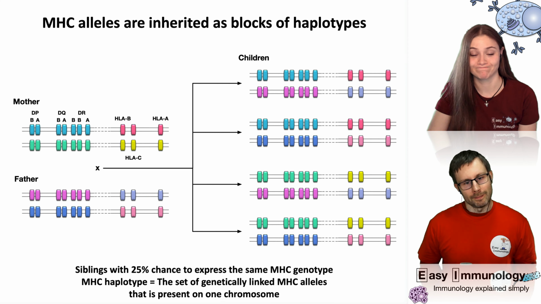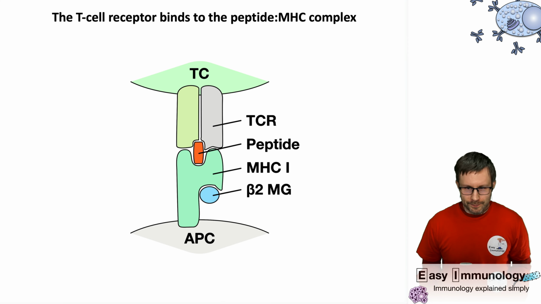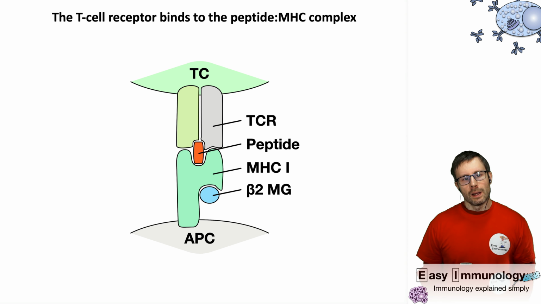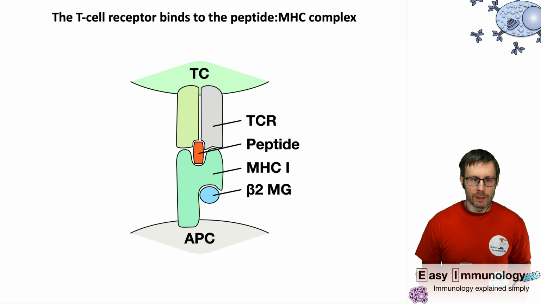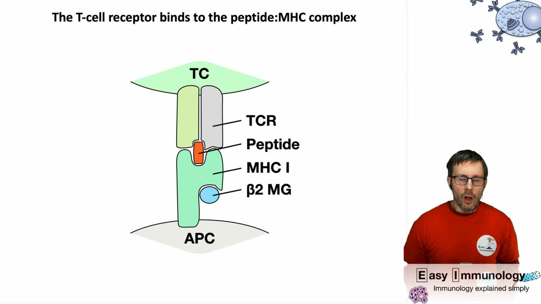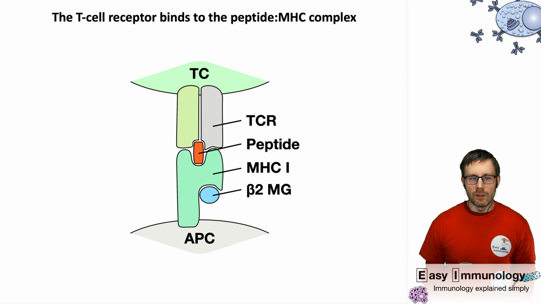Okay, so what these MHC molecules do is they present peptides in the peptide binding groove to the T cell receptor. And you can see that the T cell receptor not only recognizes the peptide, but it also recognizes structures on the MHC molecules.